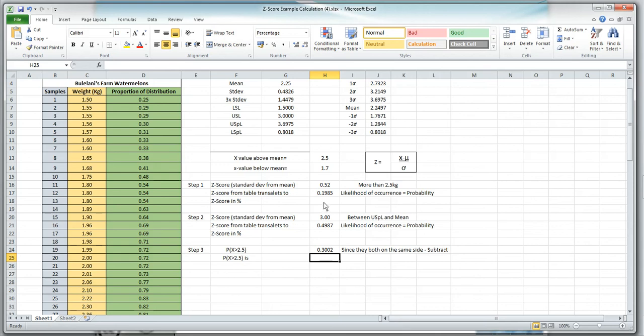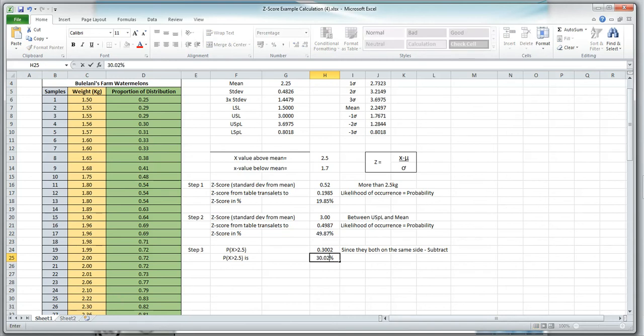So our percent in that area will be 19.85%, and in this area it will be 49.87%. We just multiply the value by 100. Same applies here. We've got a probability of 0.3002, so that will become 30.02%.